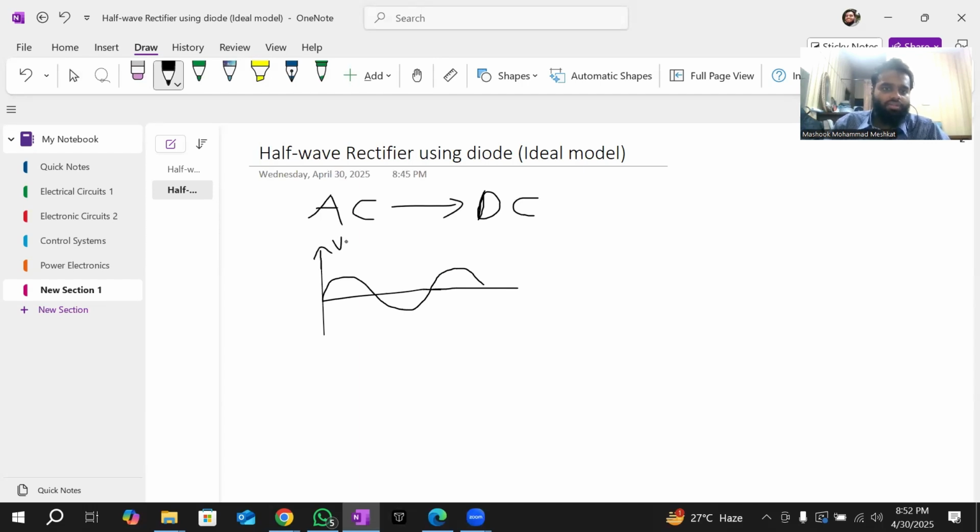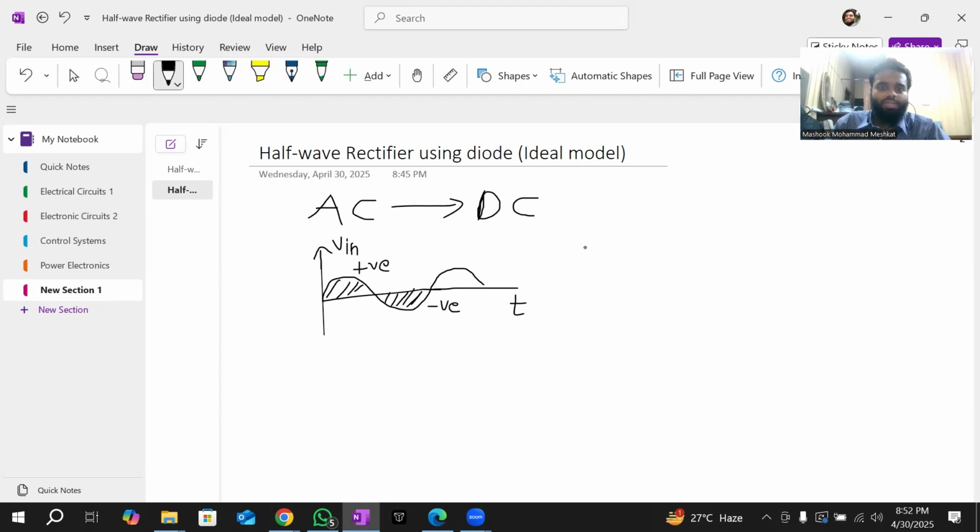So this is our V input, and it changes with time, right? There is a positive part of the signal and also a negative part of the signal. So we know that this part is our positive. This part is when our voltage is positive, our current is positive, and this part is our negative.